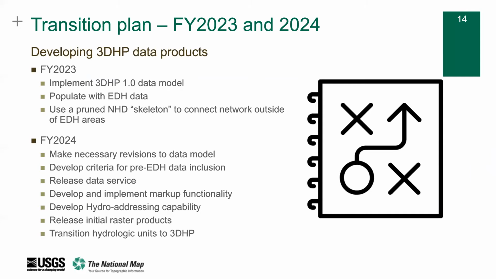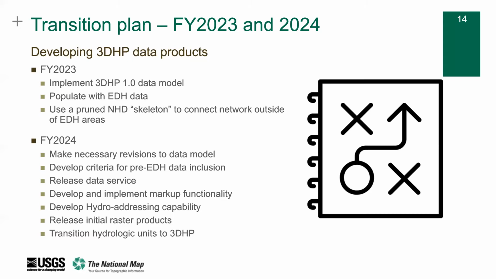So this is data that we validated that meets the EDH specifications that were published a couple of years ago. And that data is a little bit sparse at the moment. We'll use a pruned version of the NHD, sort of a simplified version of the NHD, to connect that network outside of the areas where we have that data. And that'll allow applications to route water from, say, central Pennsylvania down to the Chesapeake Bay.